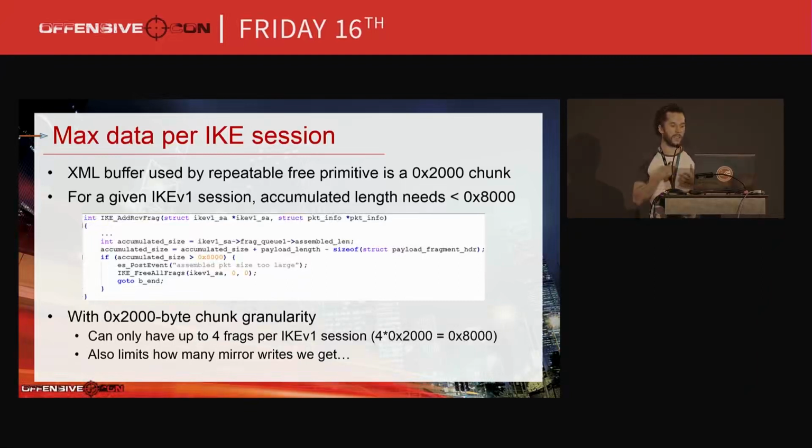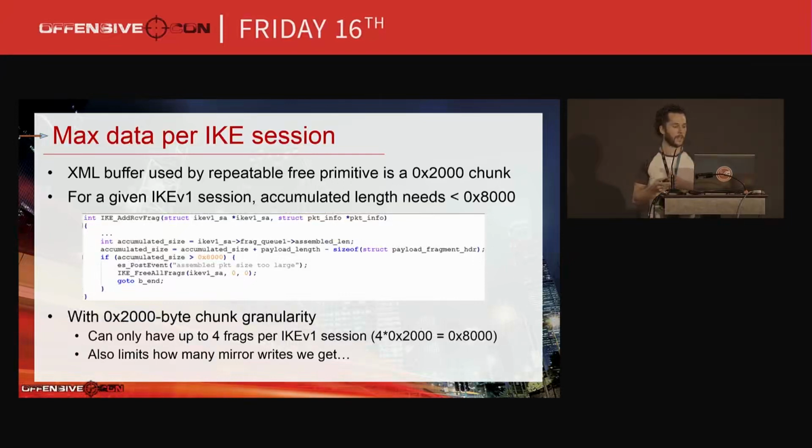Because it's on a 2,000 bytes chunk, if we do a heap feng shui just on 2,000 bytes, we want to spray, sending lots of 2,000 bytes packets to fill all the holes and have our deterministic layout, but we can only send 4 per session. So you need lots of sessions to actually massage the heap, right?